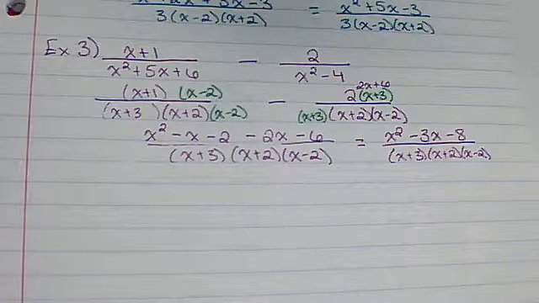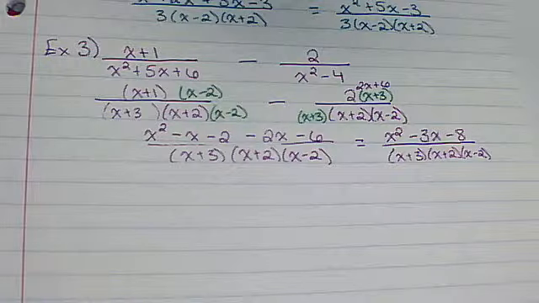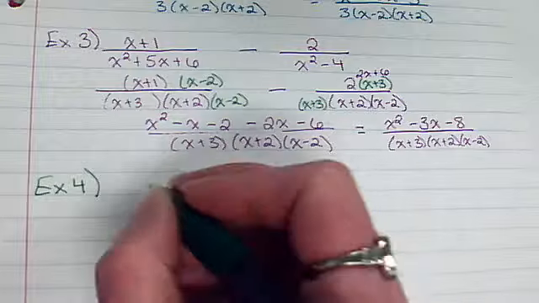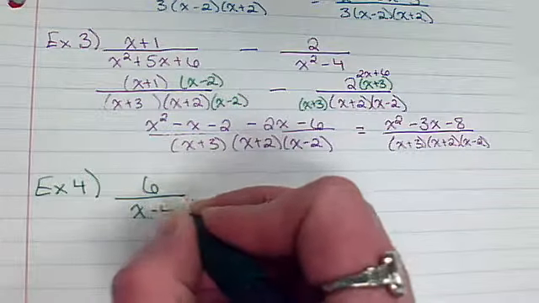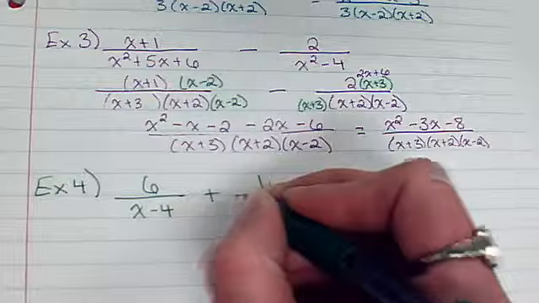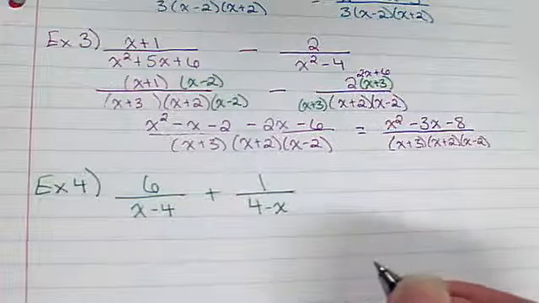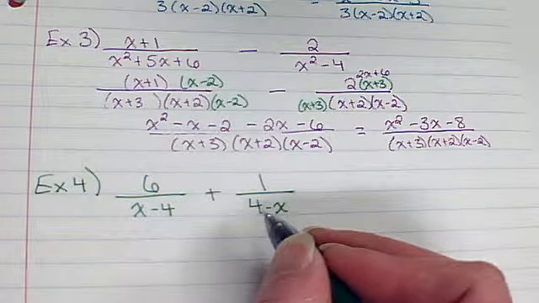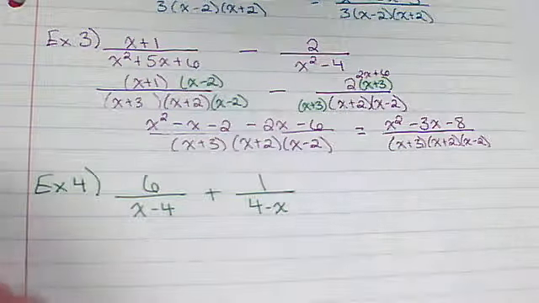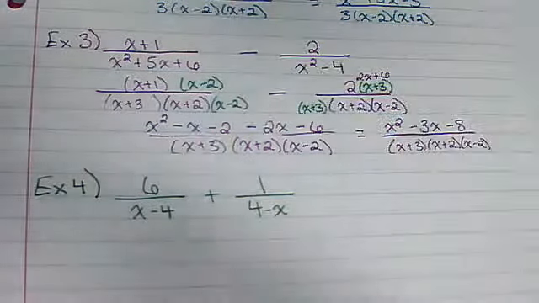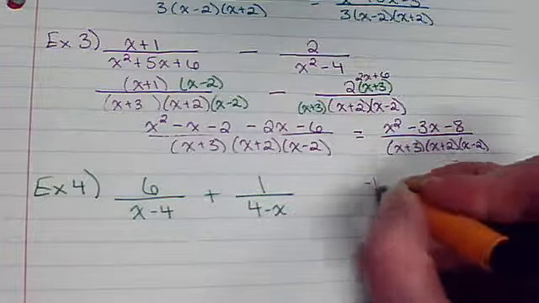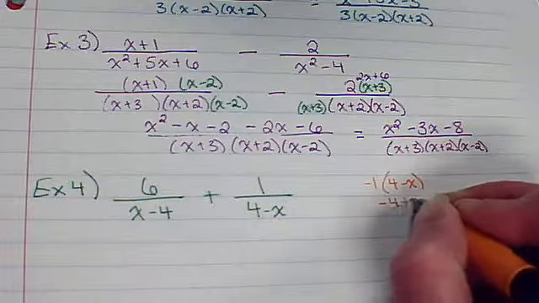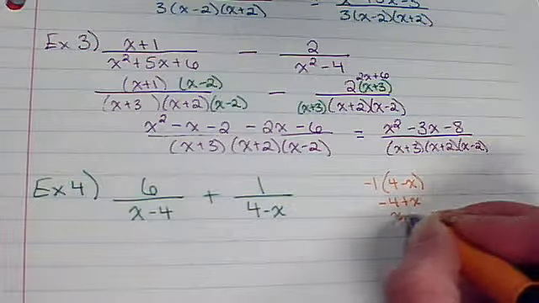Let's do one more there that could be kind of challenging. It looks scary at first, but it's actually an easy one. 6 over x minus 4 plus 1 over 4 minus x. We want a common denominator. Remember, there's this neat little trick that if I take 4 minus x and multiply it by negative 1, that'll give me a negative 4 plus x, which is actually x minus 4.